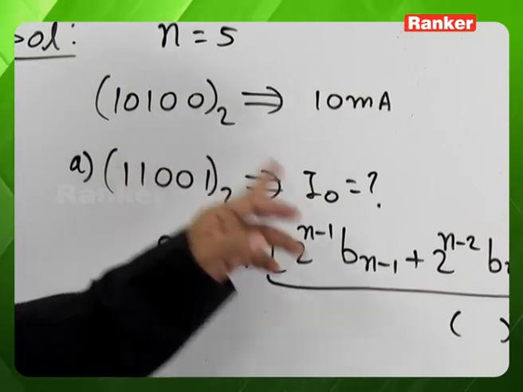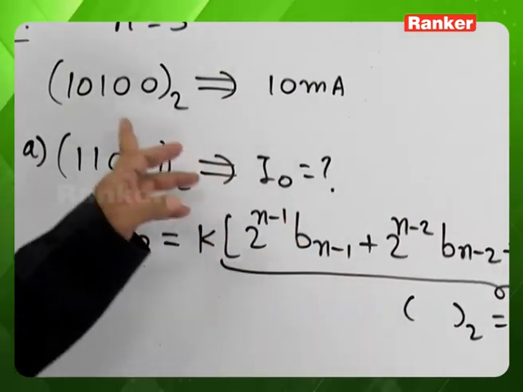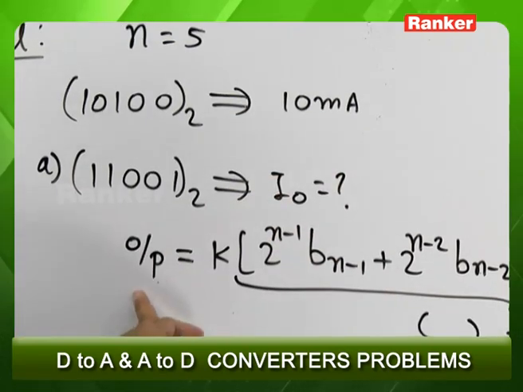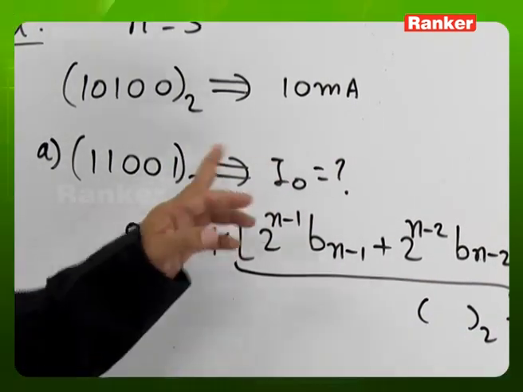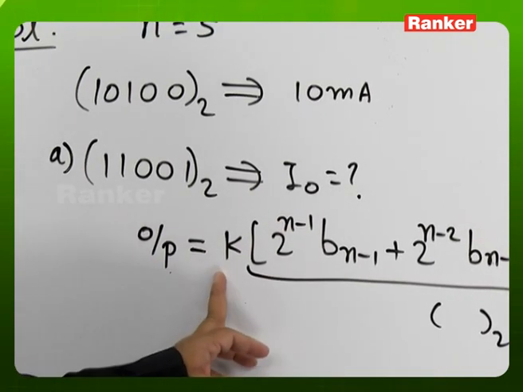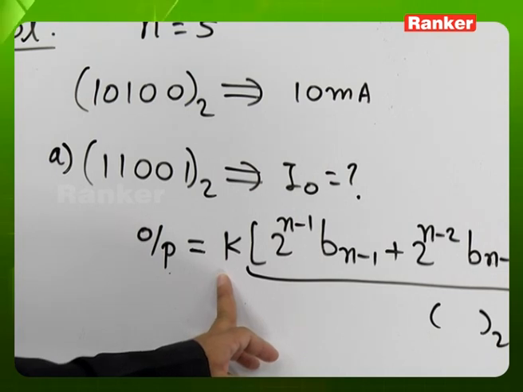It is a given digital input. For this given digital input, the output current is mentioned in the problem. So knowing the output current for this digital input, we can find the proportionality constant.